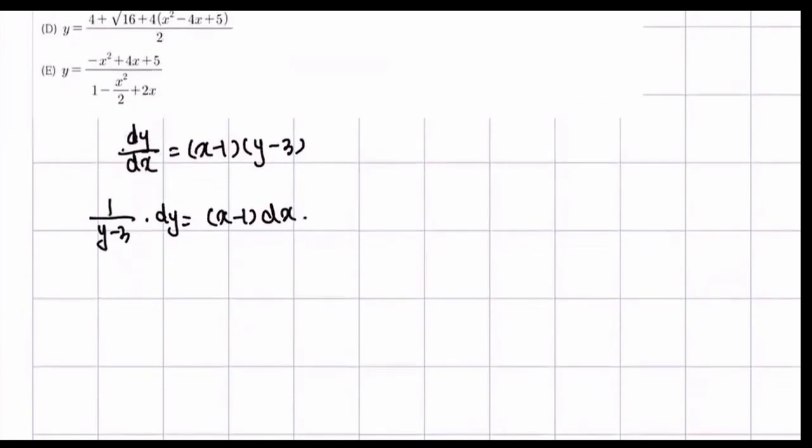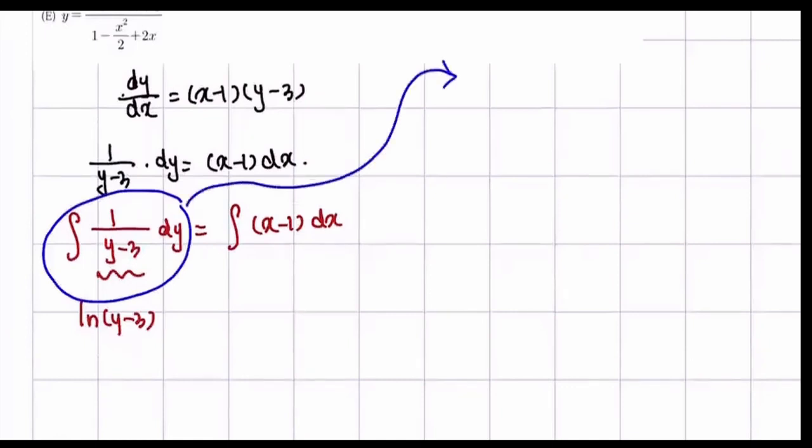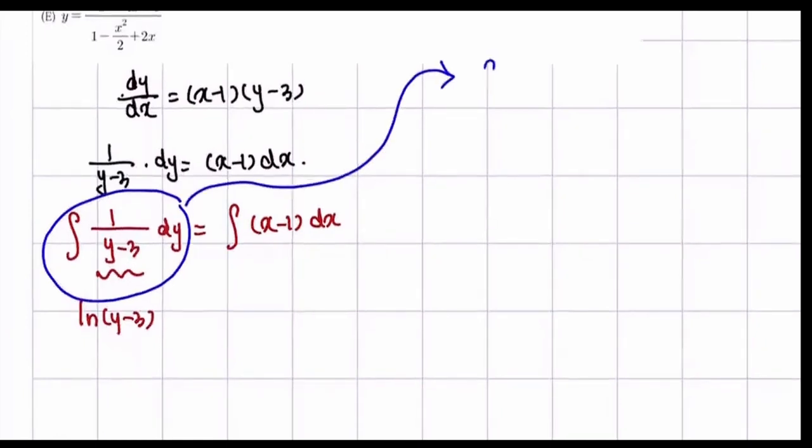Okay. Apply the integral on both sides. Integral 1 over y minus 3 dy equals integral x minus 1 dx. This part is ln of y minus 3. To explain in detail, integral 1 over y minus 3 dy, you should use the substitution integral.